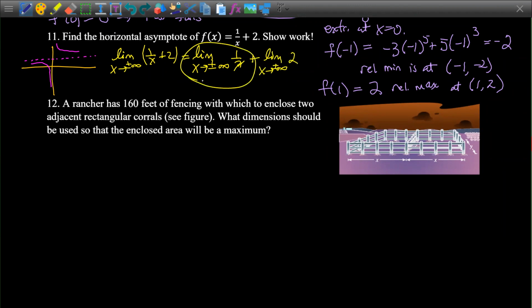And so the limit of 1 over x, what we learned was that as x approaches infinity or negative infinity, that's going to be 0. And then the limit of a constant is just going to be the constant. So this y value of 2, that is where the horizontal asymptote is. And y equals 2 is the equation of the line that is the horizontal asymptote.